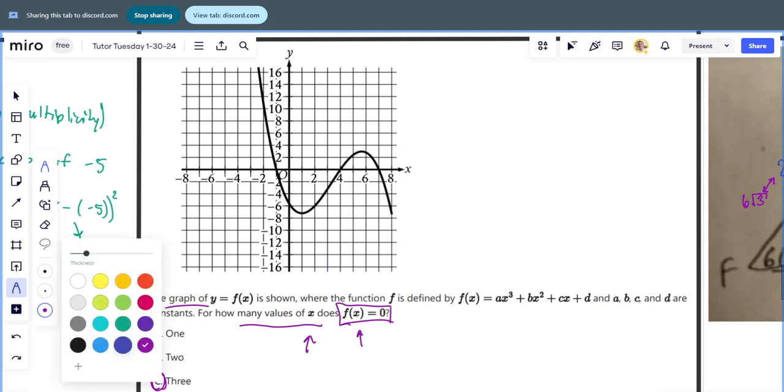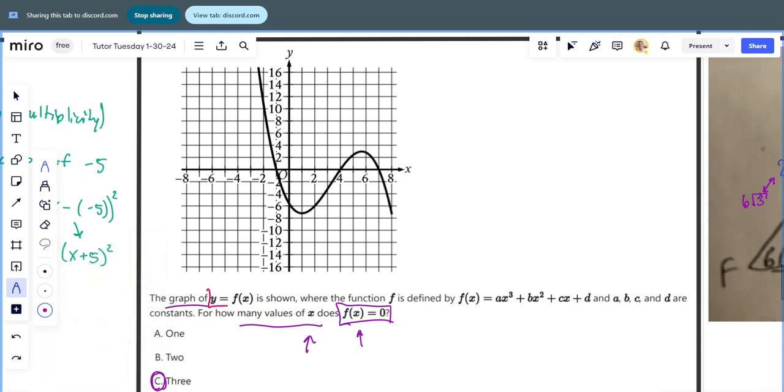You'll notice that the function is y equals f of x. So if f of x equals 0, and y equals f of x, what that means is that y equals 0. So it's saying for how many values of x does y equal 0?